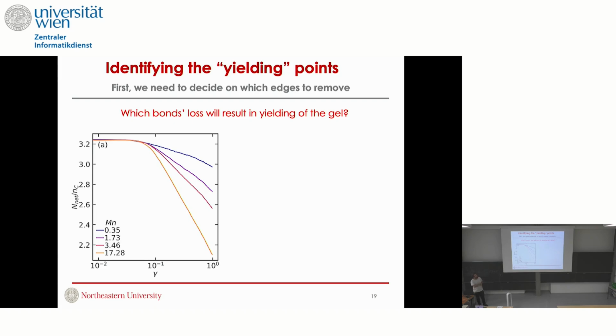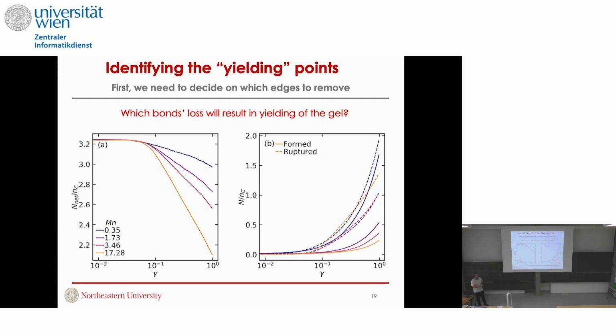The reason you don't see much of a change in the overall number of bonds is that some are formed and some are broken. But I know for a fact that at that point the gel has yielded and is flowing, and whatever is responsible for yielding has to have already happened.